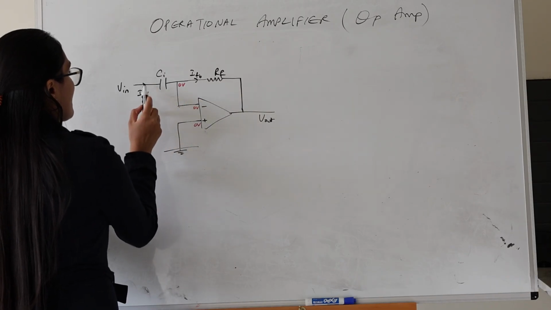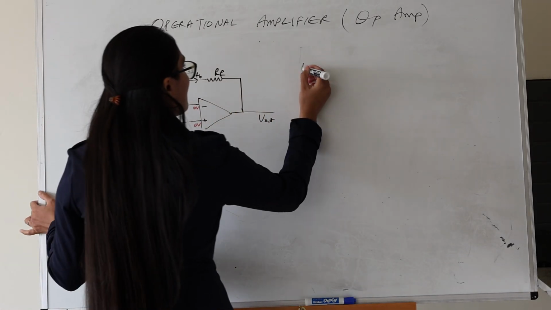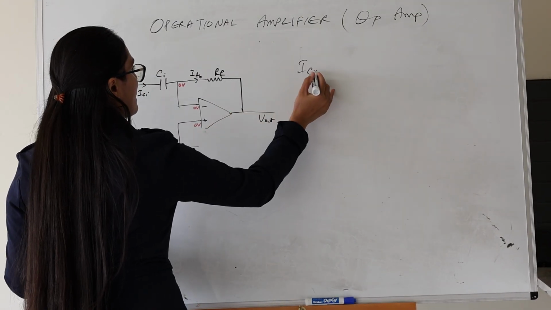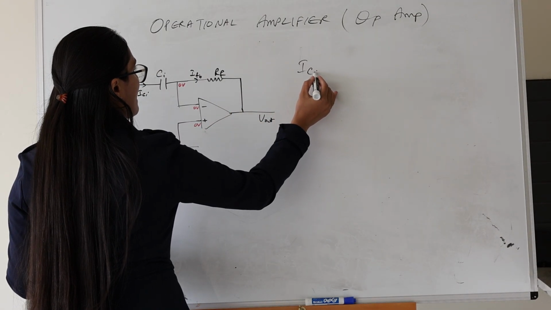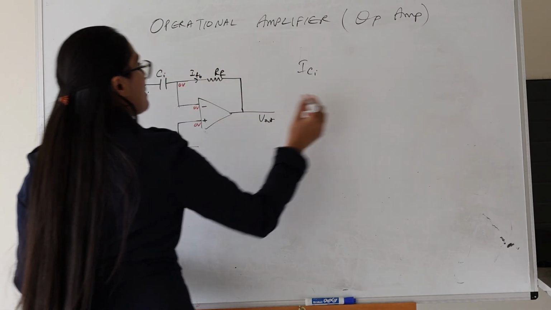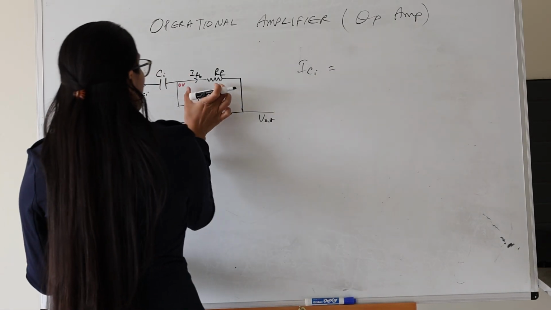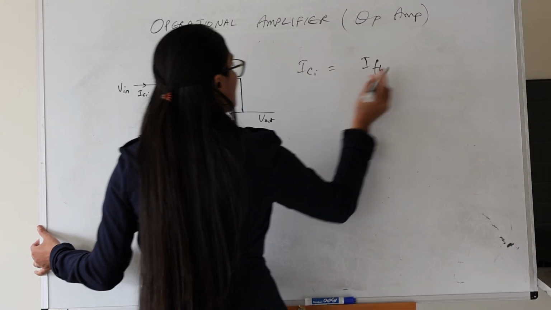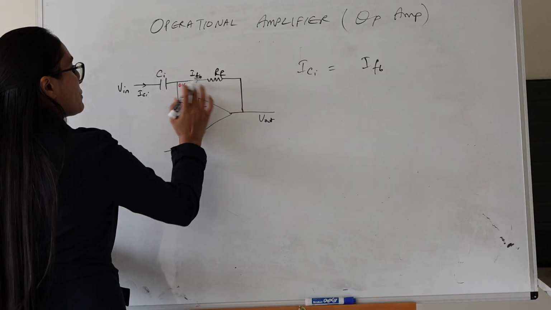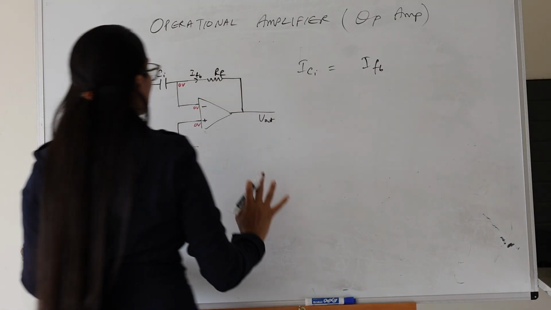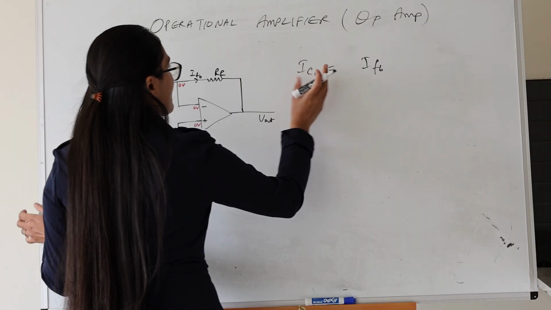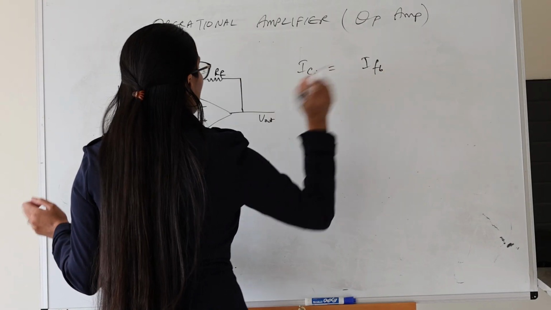If we call this current IC1, I just call this CI to say that this is connected to the input end, and this is IFB, which is the feedback loop current flowing through here. These two are equal. Now what is IC1 and what is IFB?